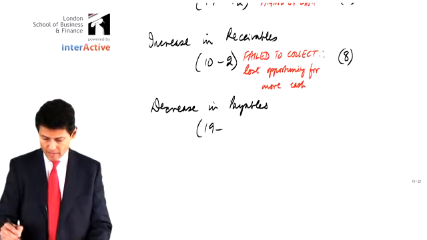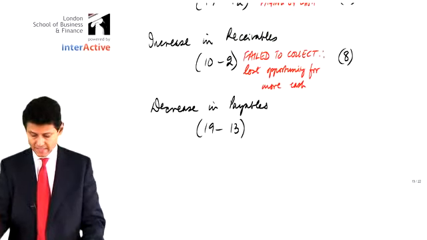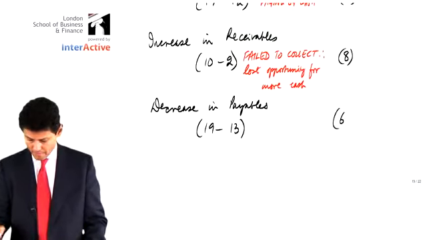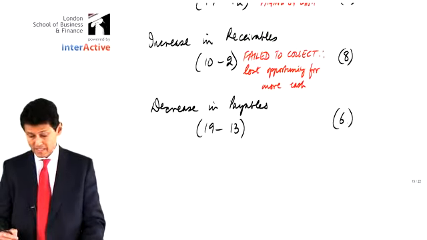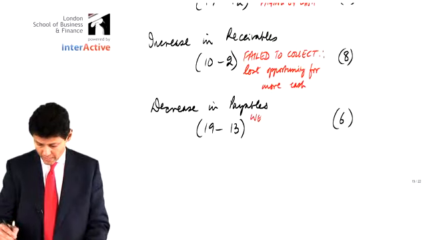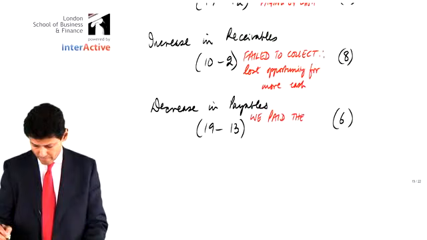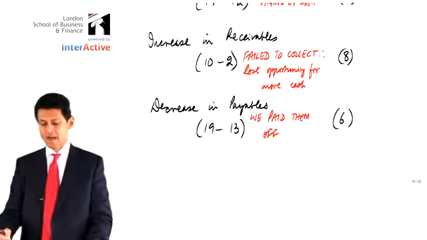From 19, it's gone down to 13. So that is 6, bracketed, I suppose. Decrease in payables simply means you pay them off. So we paid them off. Hence the use of brackets.